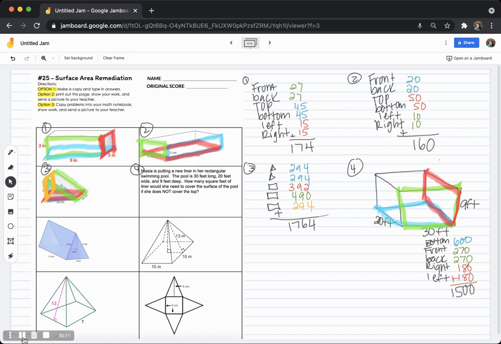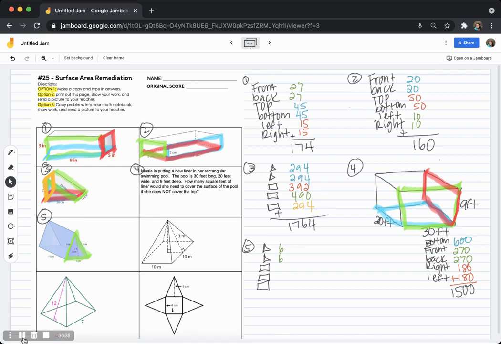Number 5 is just like number 3. So you have 2 triangles and 3 rectangles. So the triangle has a base of 4, a height of 3. So 4 times 3 is 12. Divided by 2 is 6. So each triangle has an area of 6.